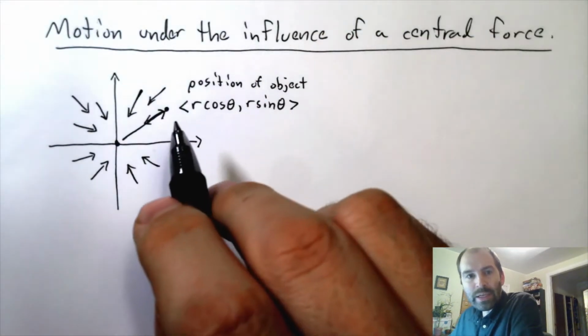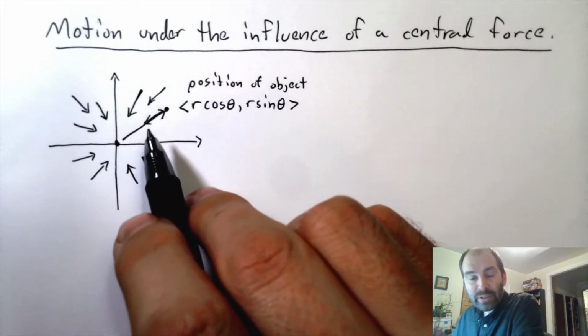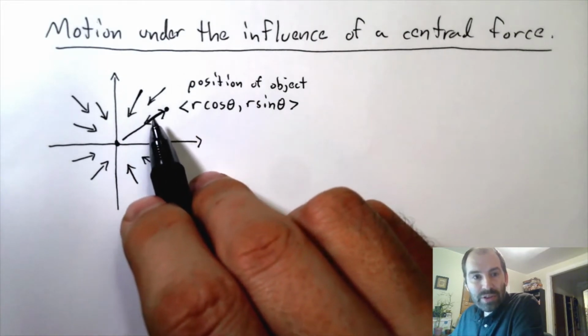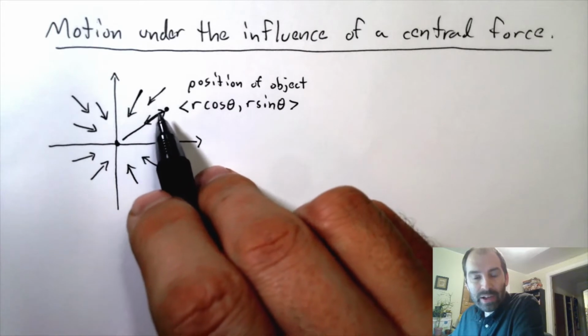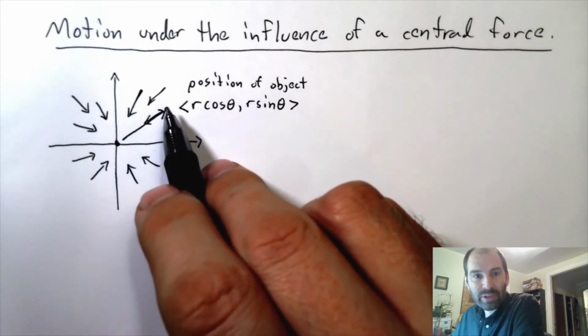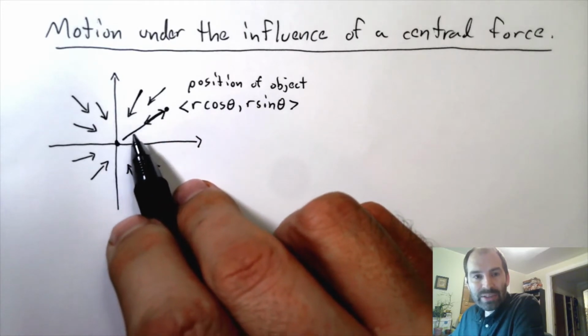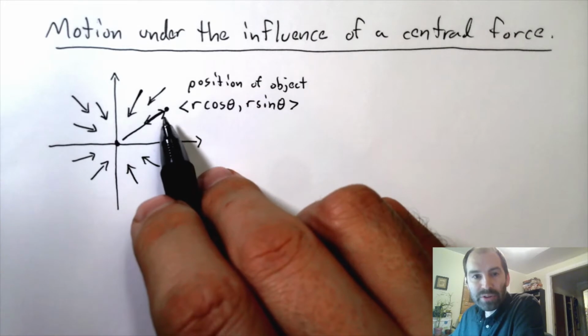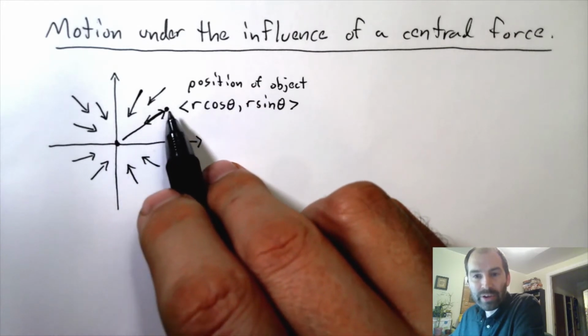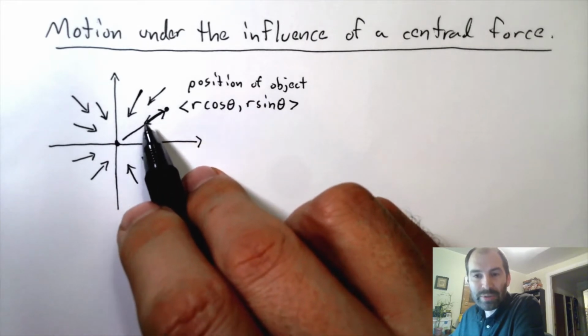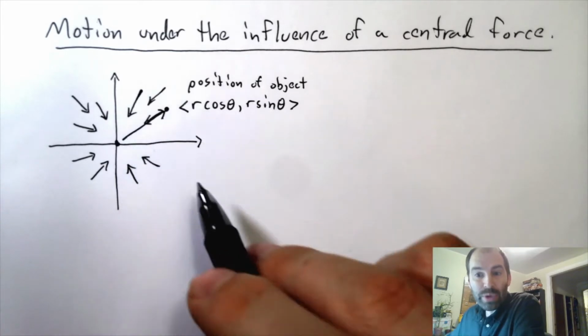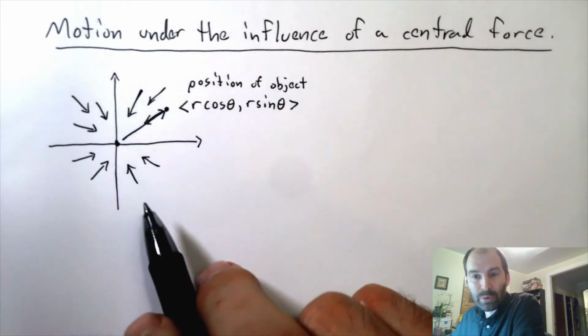Okay? Now, the force vector field is, notice that the force vector is parallel to the vector pointing to my object, right? But in this case, it's pointing in the opposite direction. So because it's parallel, it's a multiple of this vector. If it's pointing in the negative direction, that means it'll be a negative multiple. But we could also imagine repulsive forces that point outwards, right?